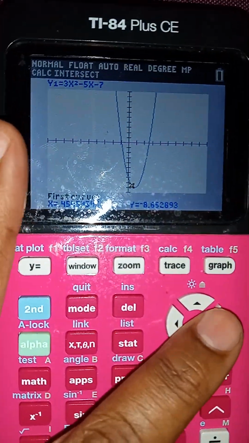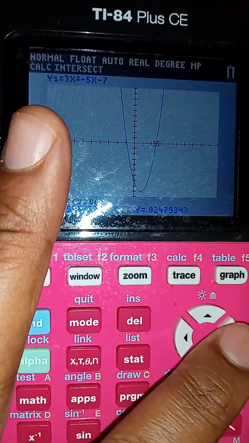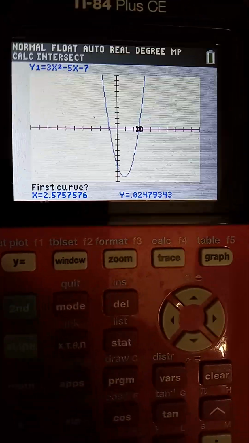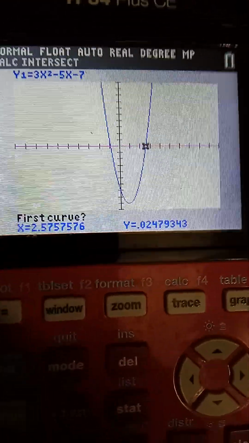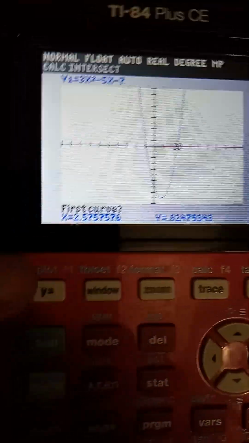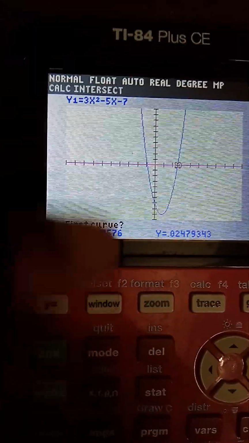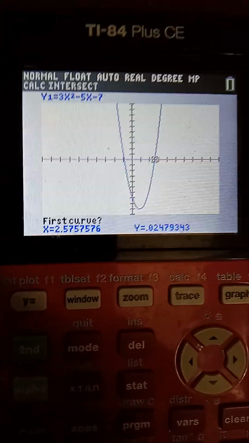So I turned off the flashlight on my phone so you can see it much better. See the horizontal line that's purple going straight across, and then the graph of the parabola, concave up, is in blue.